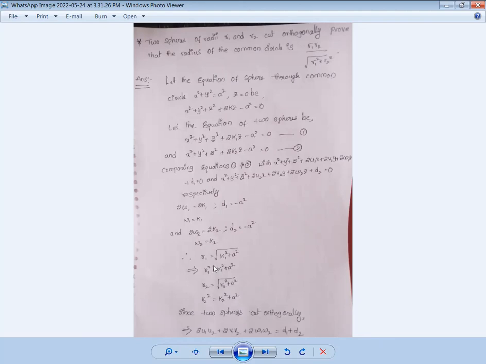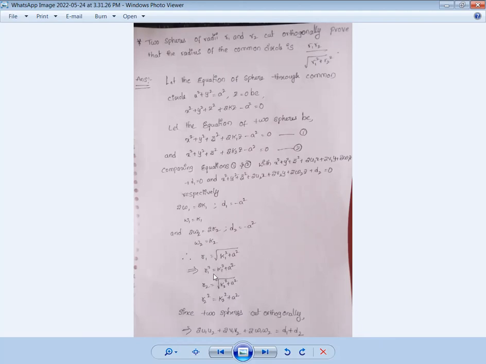Next, the second equation: compare this equation, here the x coefficient is 0 and the y coefficient is also 0. And the z coefficient, 2w2 is equal to 2k2. Now both sides 2 cancels, then w2 is equal to k2. d2 is minus a square.